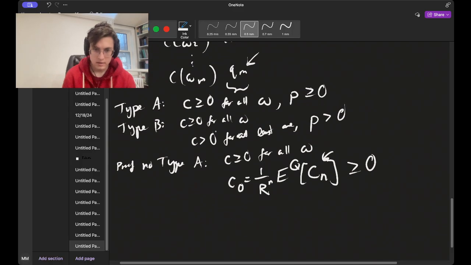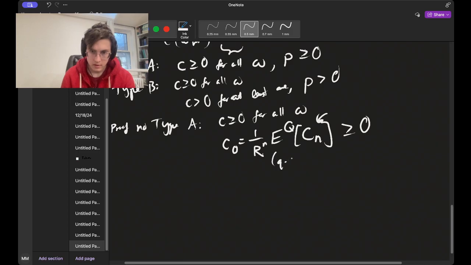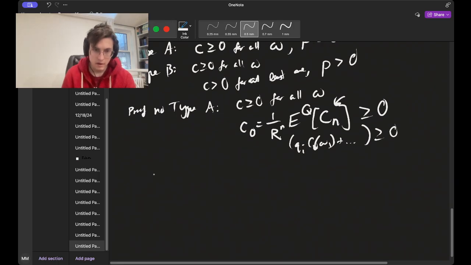Therefore, this proves that the price of our whole option, which is the expected value, is just Q1 times C of omega 1 plus and so on, and this is greater than or equal to 0. So that's why there's no type A arbitrage. And there's also no type B arbitrage.